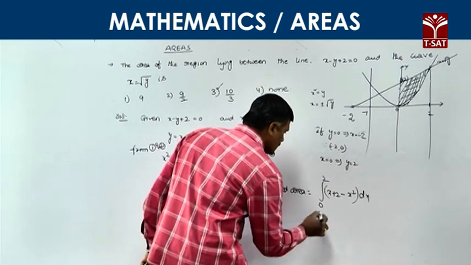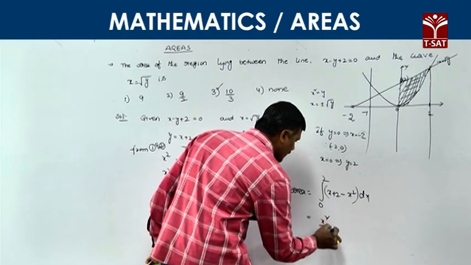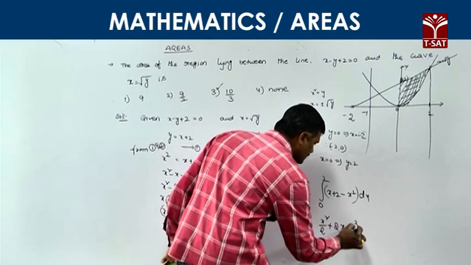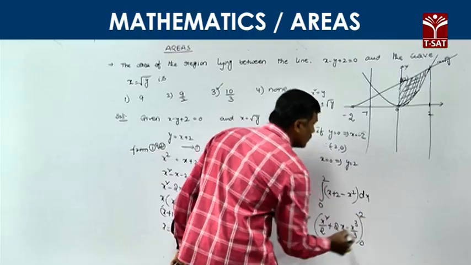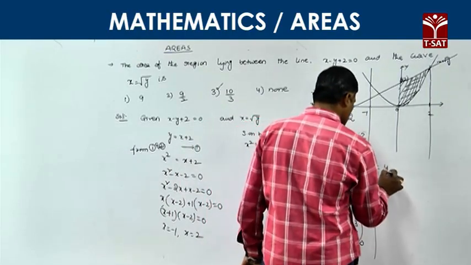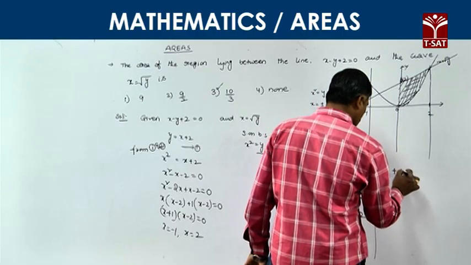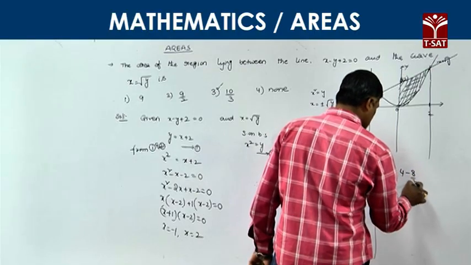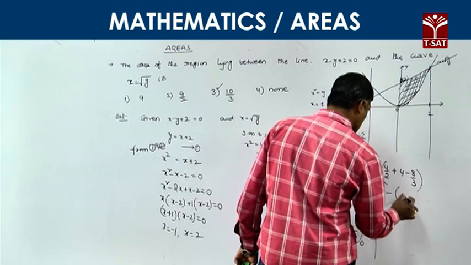The line is given y is equal to x plus 2, minus y is equal to x square, dx. That is equal to x square by 2 plus 2 into x minus x cube by 3, lower limit 0, upper limit 2. That is equal to 4 by 2 plus 2 into 4 minus 8 by 3, upper limit minus lower limit 0.